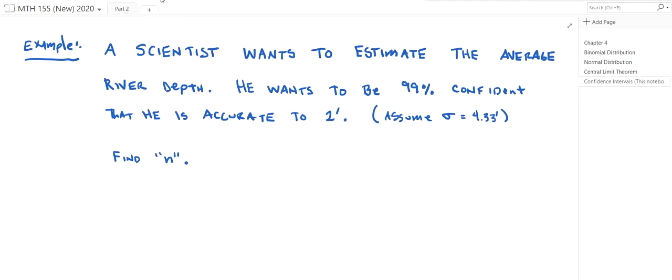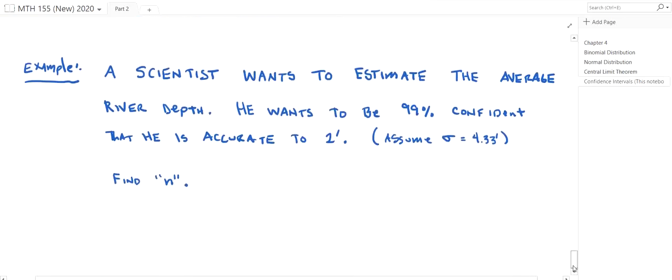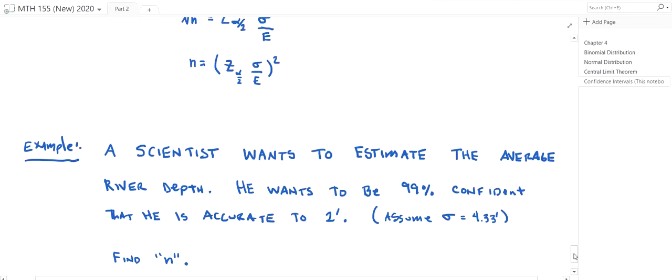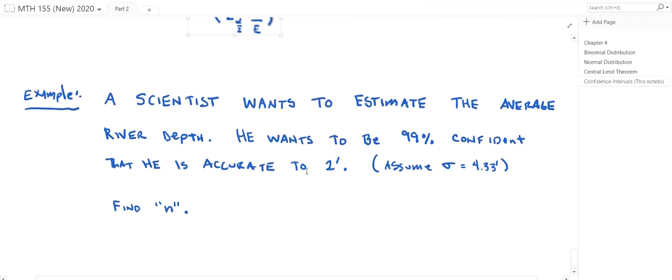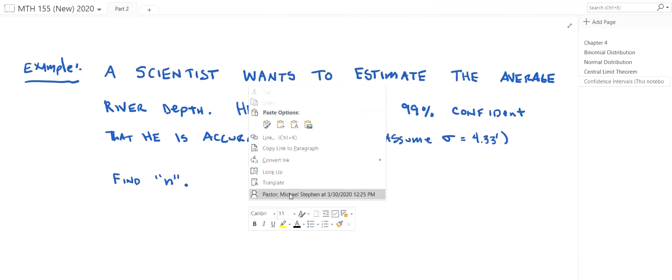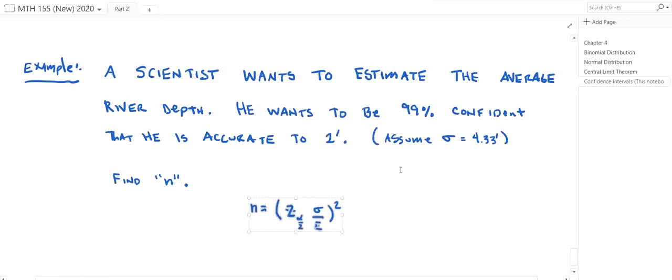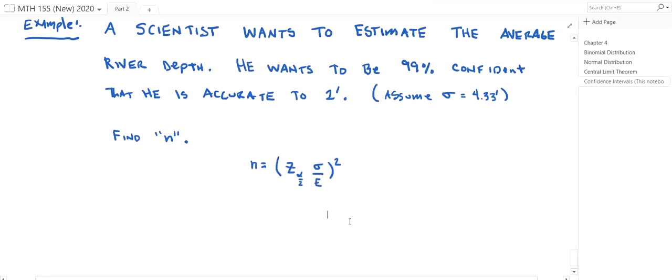So we can begin with pulling down some values. What we probably want to do is write down our formula right here. I'm just going to copy it and paste it down here for you again, so you don't have to scroll up. So here's our formula.